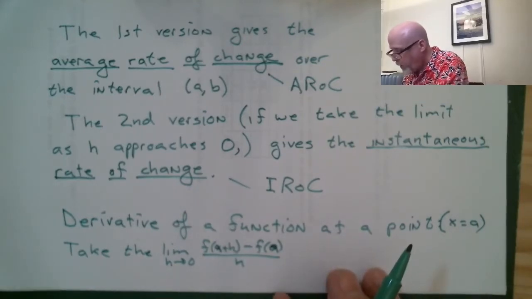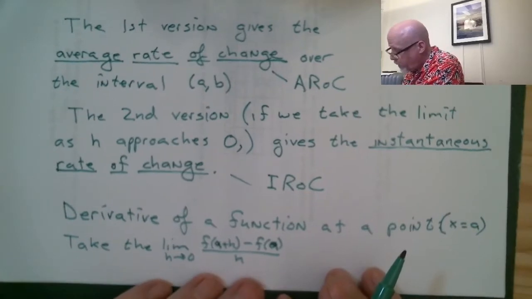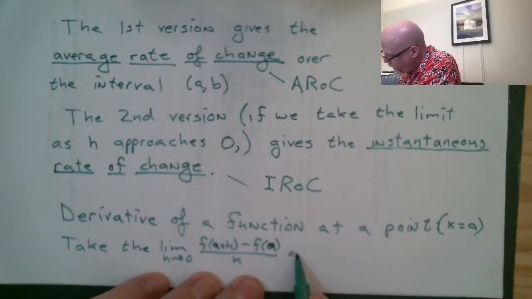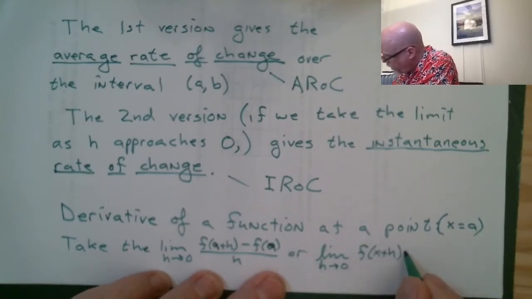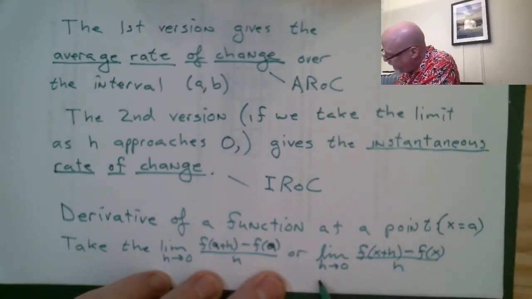You could do this in general. So you take the limit as h goes to 0 of f of x plus h minus f of x, that whole thing divided by h, and then evaluate at a.